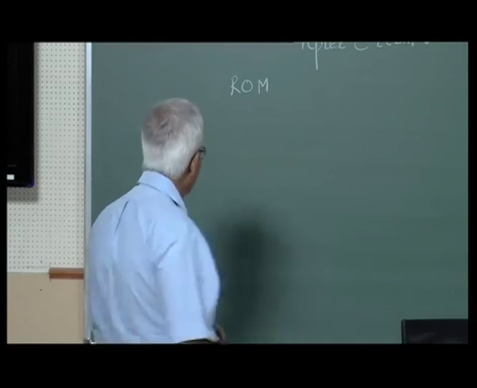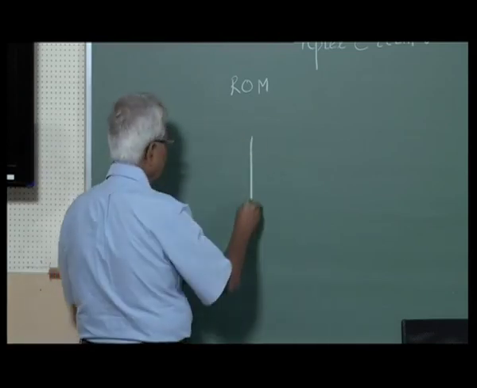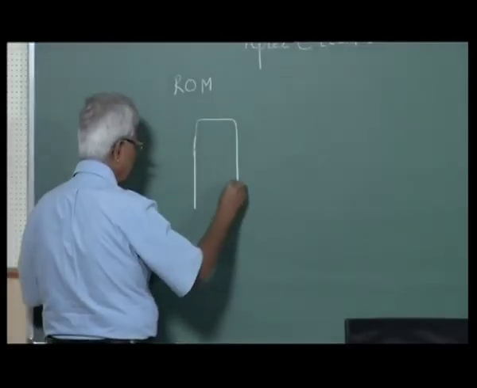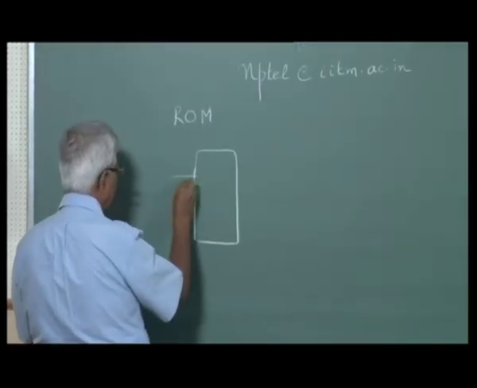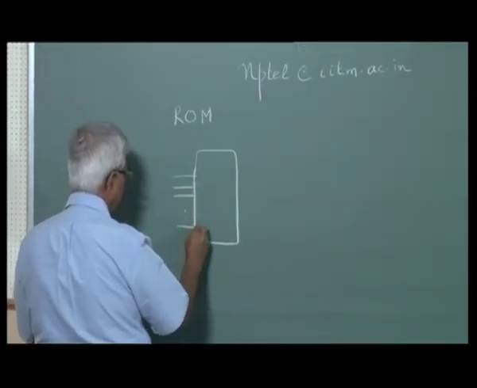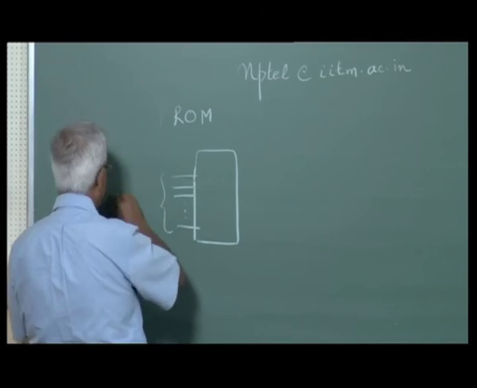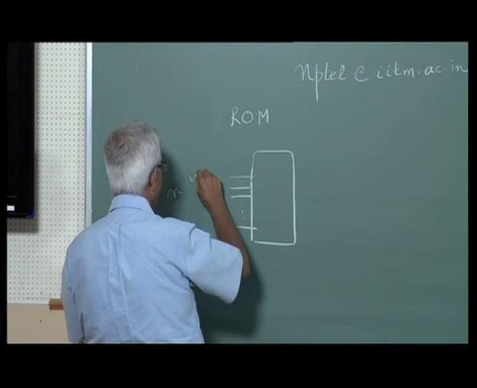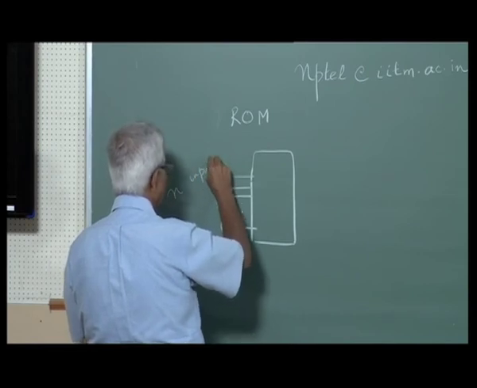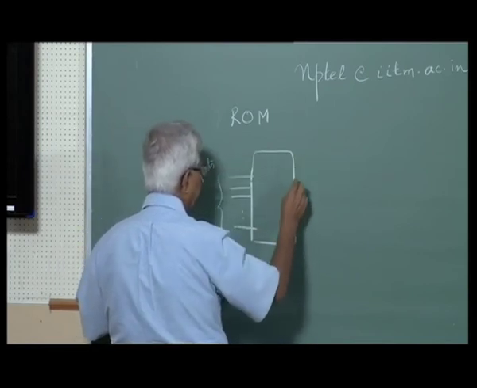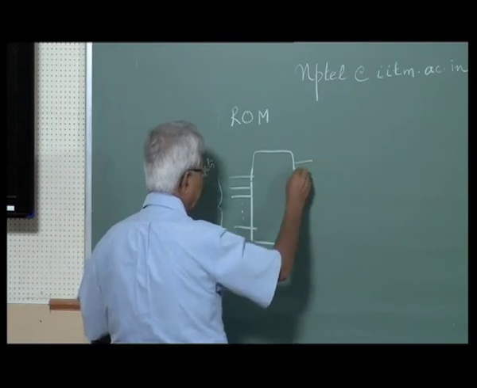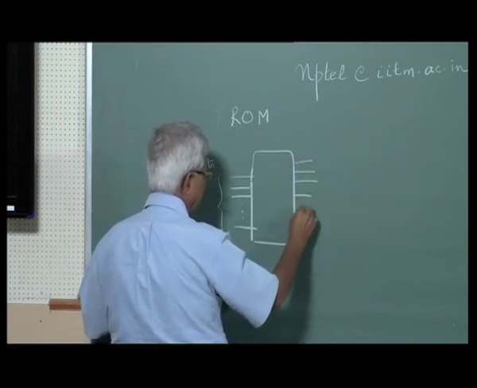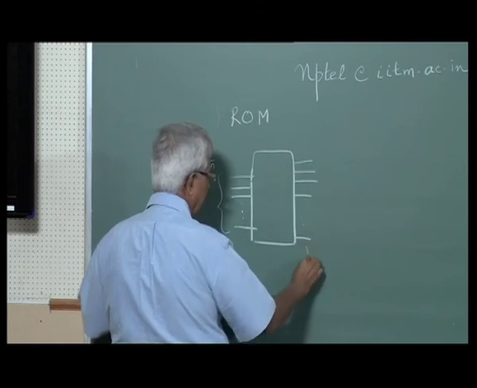Now, this ROM has, let us say, n inputs, and these n inputs generate 2 power n min terms.